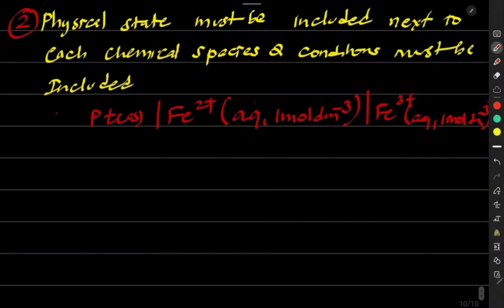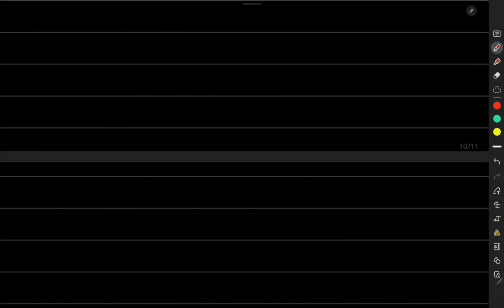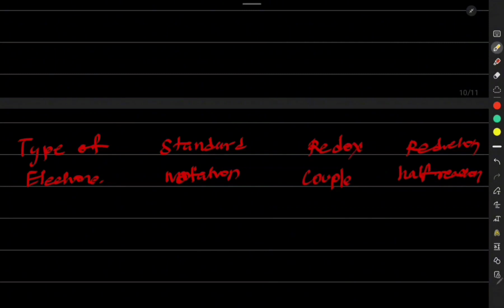Okay, now let's summarize the different types of electrodes with their standard notation, redox couple, and reduction half reaction. First electrode is metal and metal ion electrode.